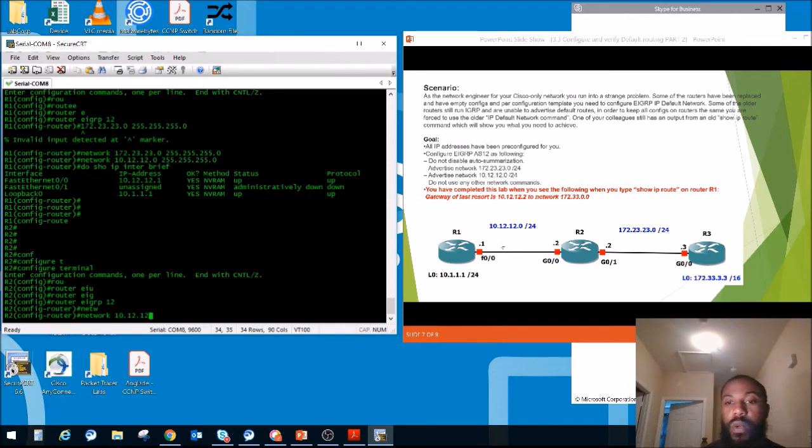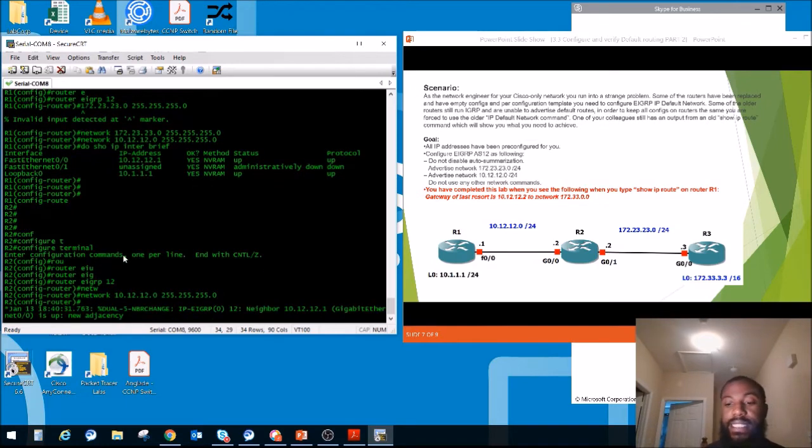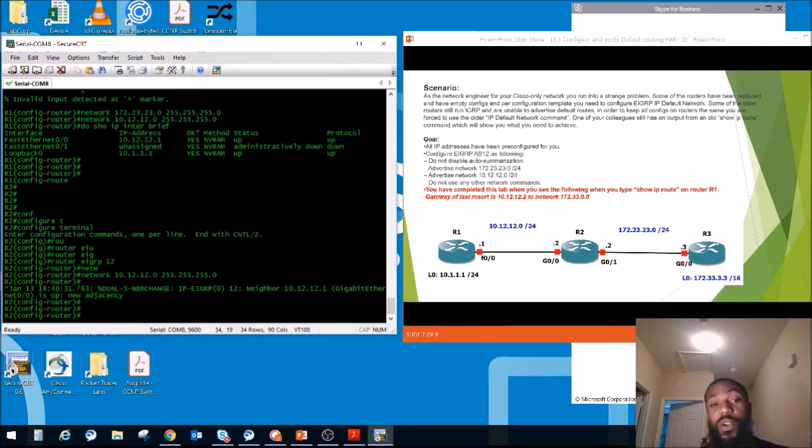We should see a neighbor relationship between those two when we do this. 10.12.12.0, 255.255.255.0. And now we got an adjacency. I love doing this on hardware when you see this, man. It's a good feeling. You can virtualize all of this stuff, but there's just something about being able to do it on hardware and knowing that you have the skills.